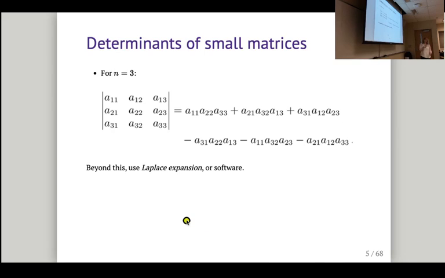So we add and subtract products. You can kind of picture that there might be a nice expansion of this, and there is. It's the Laplace expansion. Again, this isn't really something that is worthwhile to calculate by hand when we're working with matrices of data.